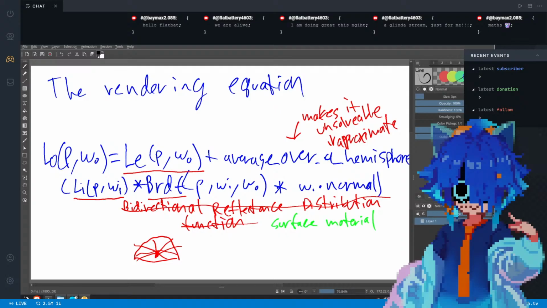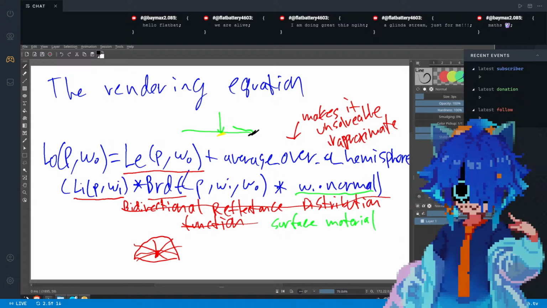And then we're going to multiply all of that by the dot product of the incoming direction and the surface normal. So what that does for us is, if you're looking at a surface and the light is hitting it straight on, it's going to be brighter than if the light is hitting it at a really grazing angle. The light that hits here is going to be a lot darker, whereas the light that hits here is going to be a lot lighter. Does that make sense?